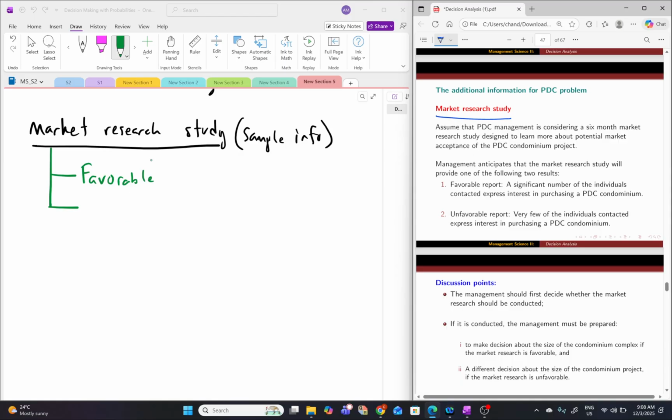Satu adalah favorable, ramai orang minat. Satu adalah unfavorable, ramai orang tak minat. To make it easier to understand, you boleh baca kat sini. Satu favorable, I put it as F. Satu lagi unfavorable.